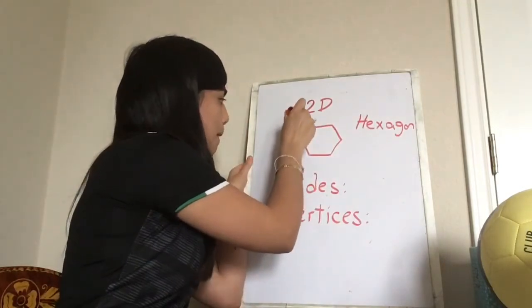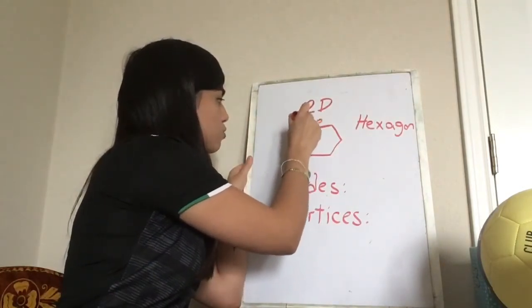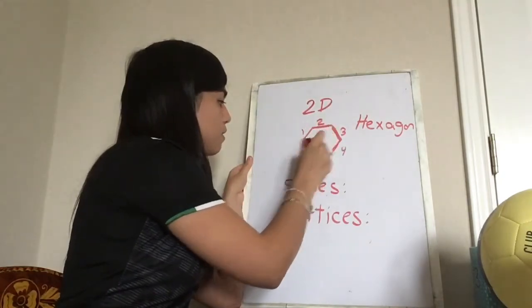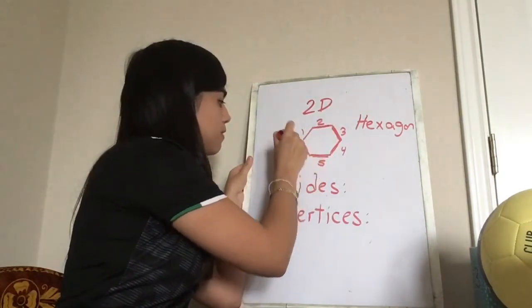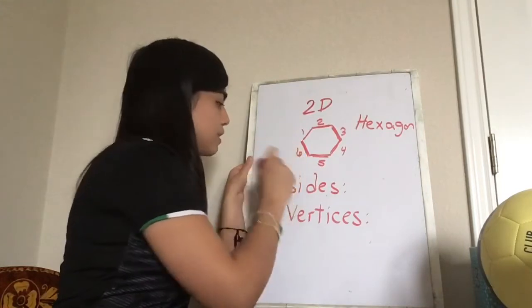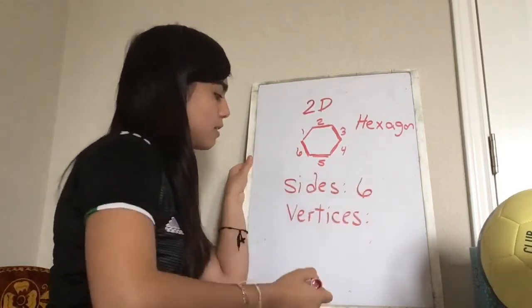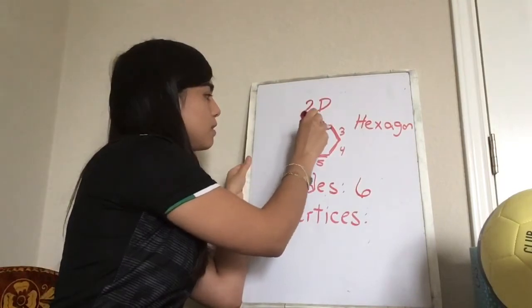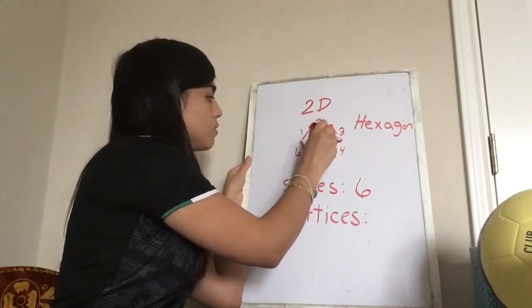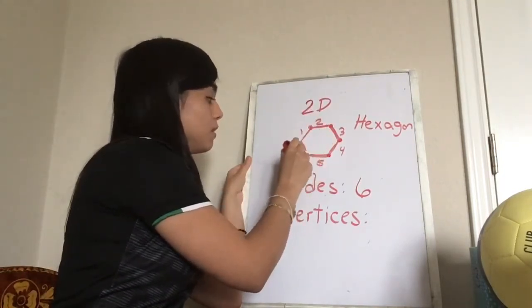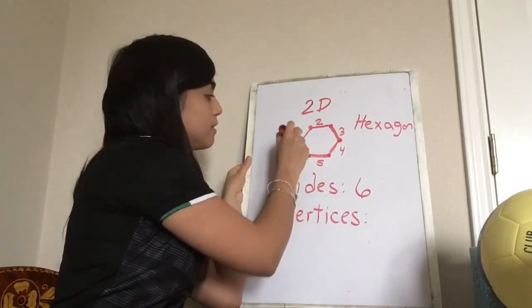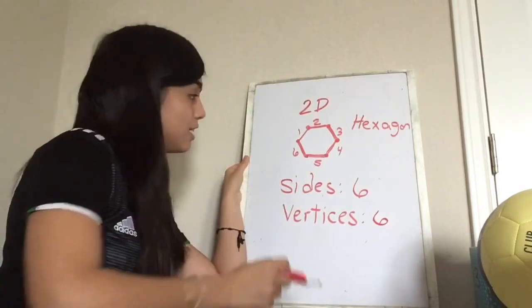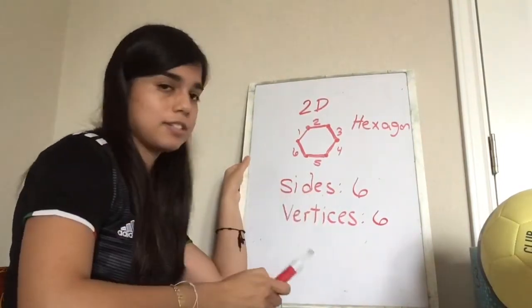There's 1, there's 2, 3, 4, 5, 6. It has 6 sides. And how many vertices? 1, 2, 3, 4, 5, 6. 6 vertices. So a hexagon has 6 sides and 6 vertices.